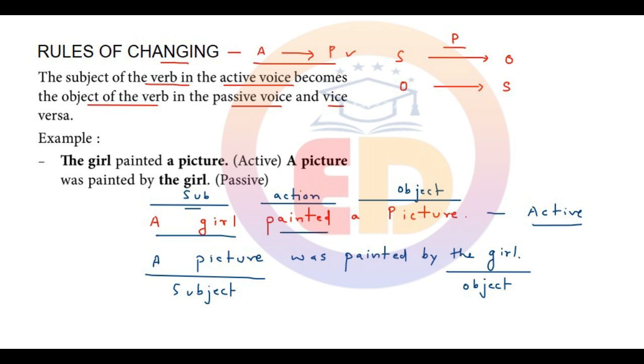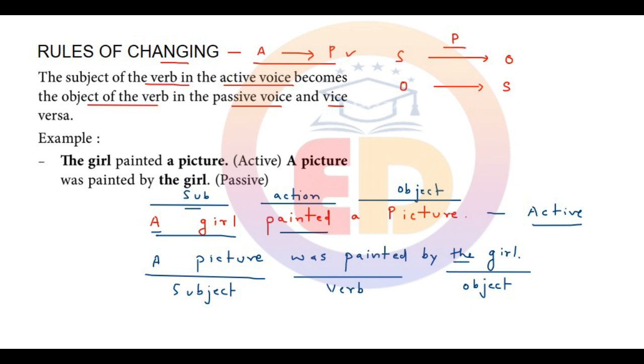We have to maintain the helping verb, so we have added was, and we have added a preposition by. We will discuss why we have added the preposition by. A girl is changed to the girl. A girl here possesses an indefinite article, but in the second sentence we are talking about this girl, so we have used the definite article the.